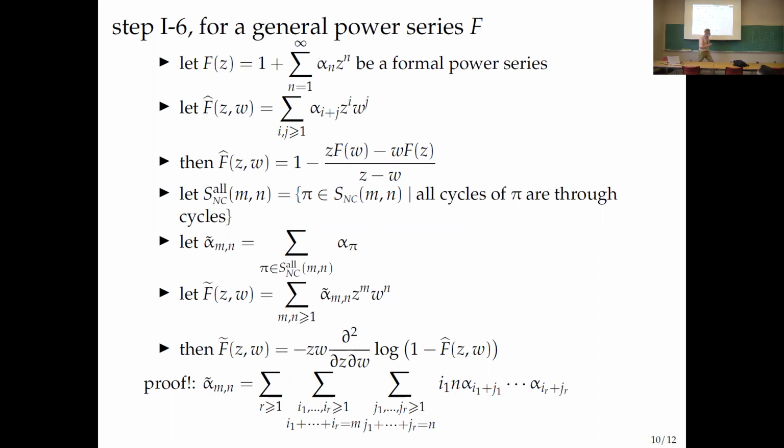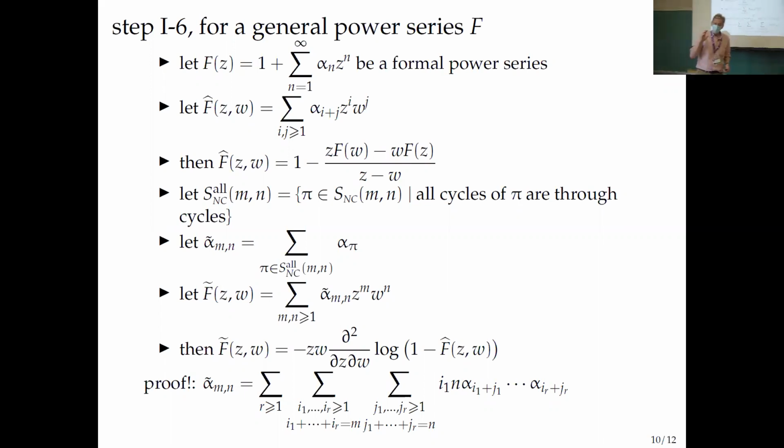Say here, this would be the marked point. And then you say, where does that outer thing cross over to the inner side? Well, there's n ways it could go over to the other side. And then I have I1 points on one side and J1 points on the other side, so the contribution is just alpha I1 plus J1.